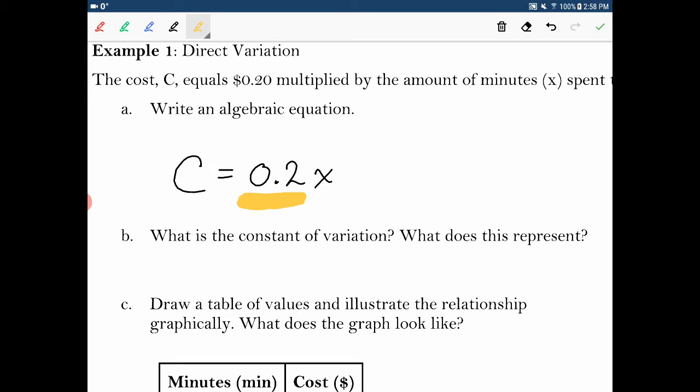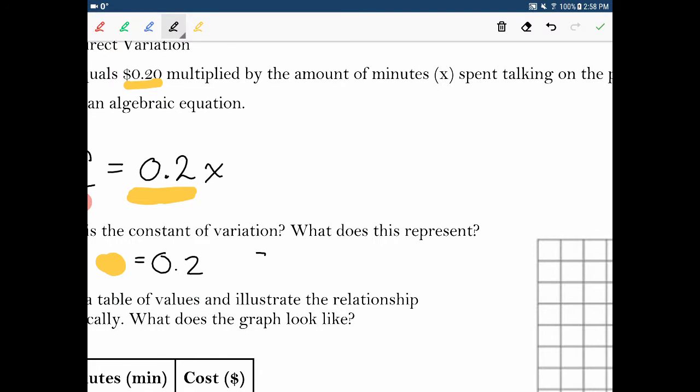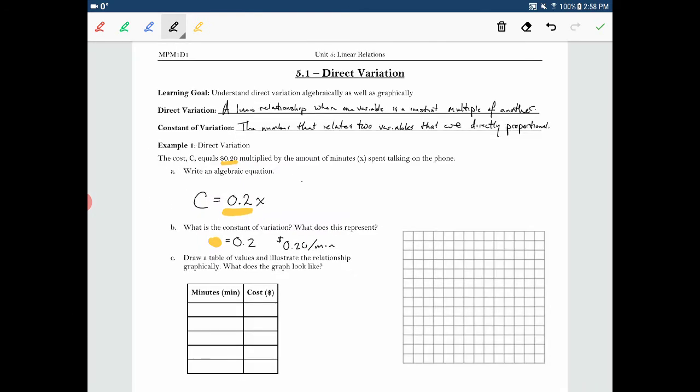So that's our constant of variation, equals 0.2. What does it represent? That's just our 20 cents, 0.20 per minute. It's the cost. That constant of variation is always going to be your rate.